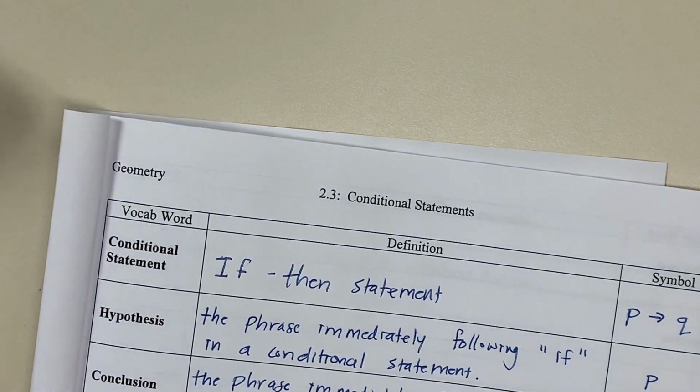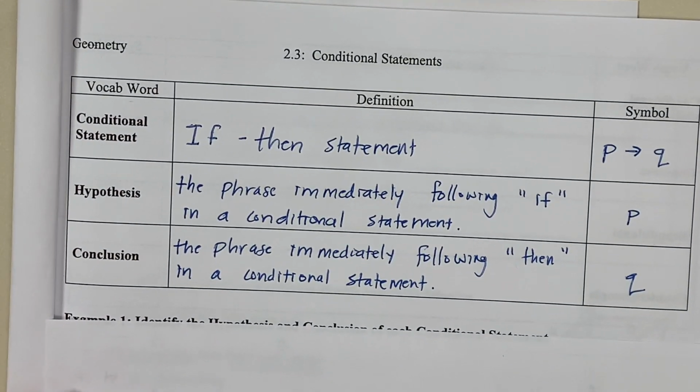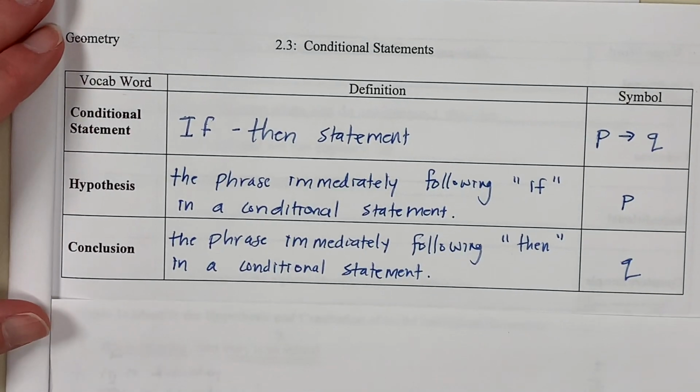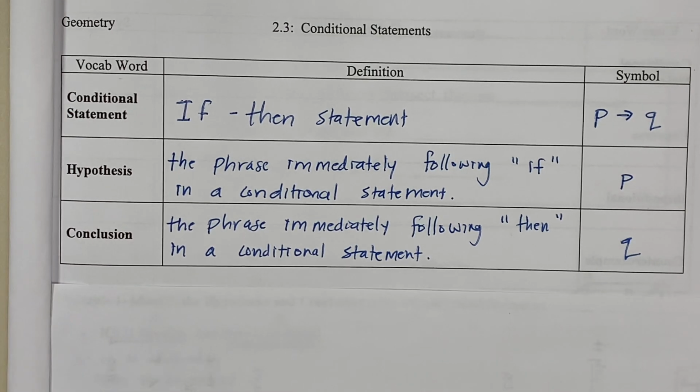All right, and we are going to begin with Chapter 2, Lesson 3. Today's lesson is a little bit different than what you would ever think of in a math class. We're not going to deal a whole lot with numbers, but we're going to learn about this idea of conditional statements. As we get into Chapters 3, 4, and 5, we're going to be doing several geometric proofs.